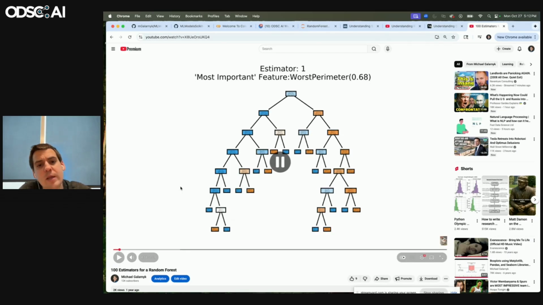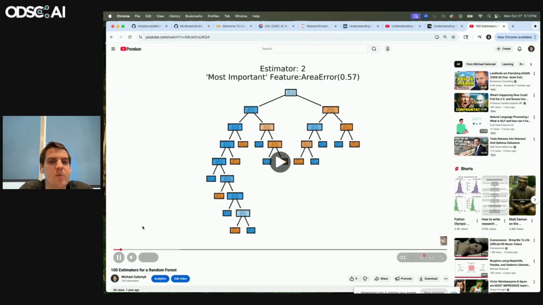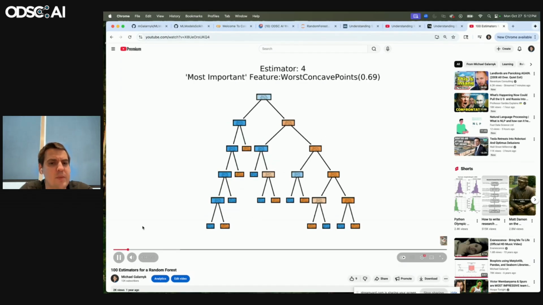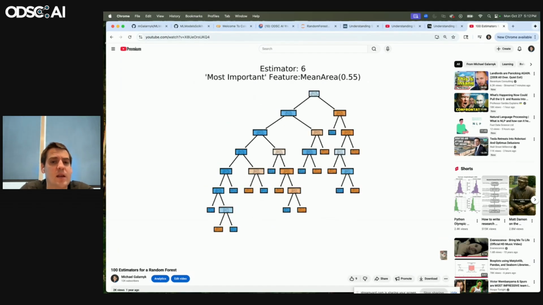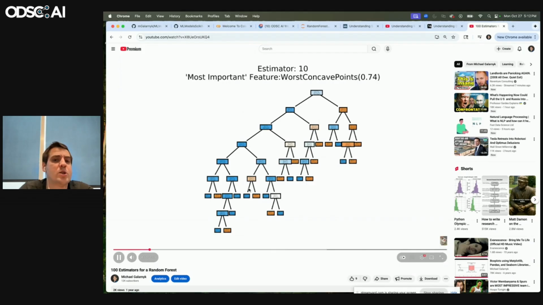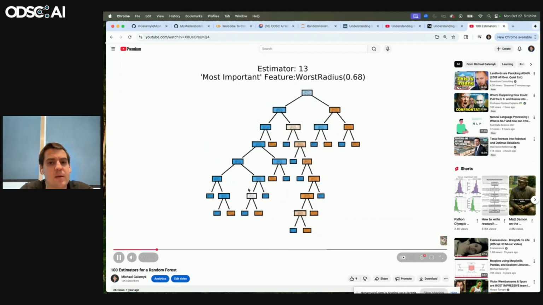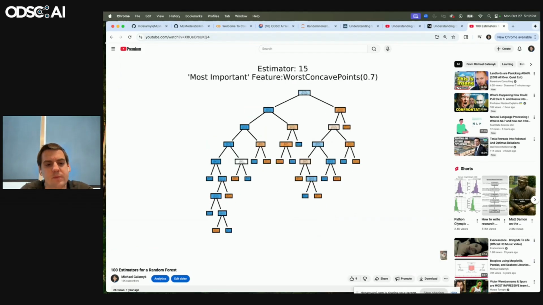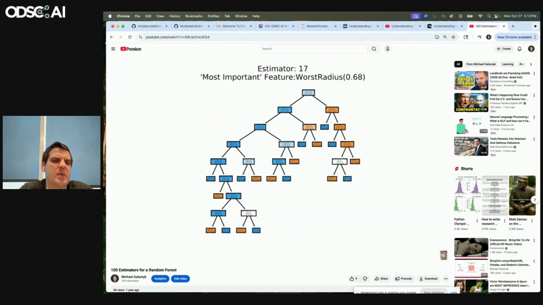One thing you might notice is that you can't see what's inside of these trees because it's way too small. What we end up finding is that these trees are all looking a little bit different. And the reason why they look different is that for a given split point, it was only allowed to consider a certain number of features. They all look a little bit different, so to speak.